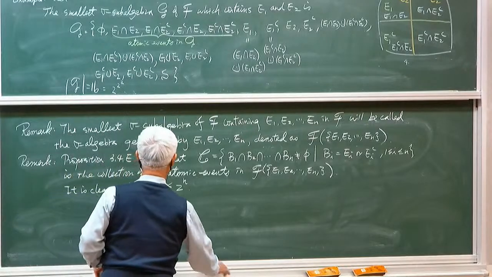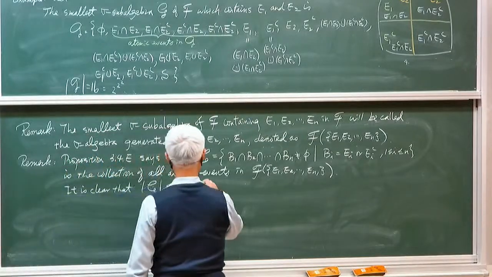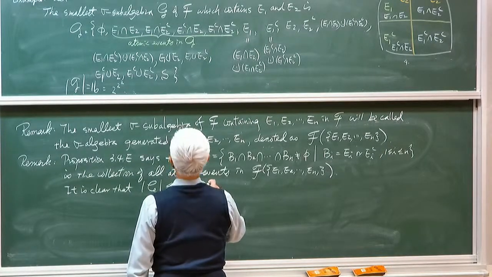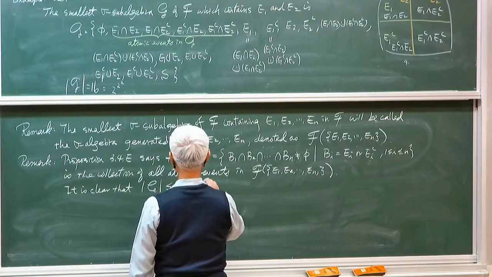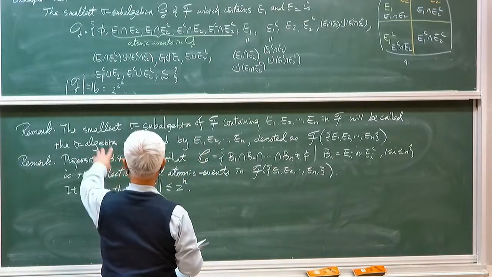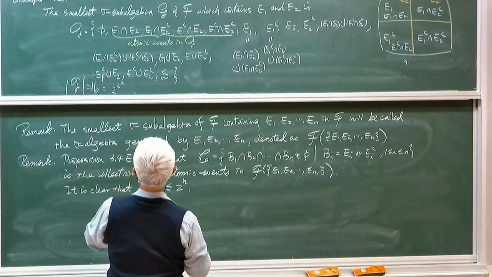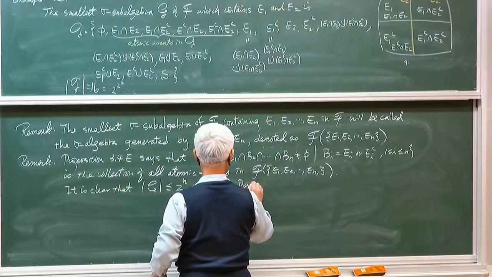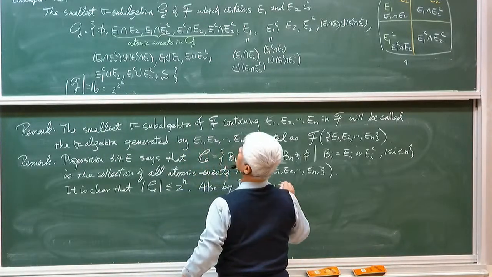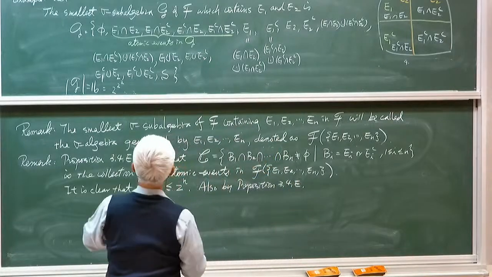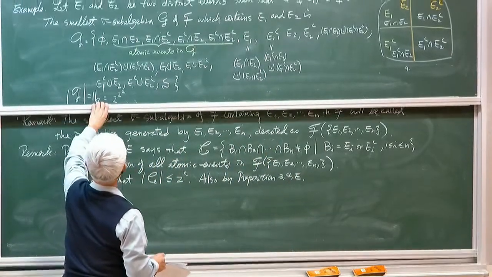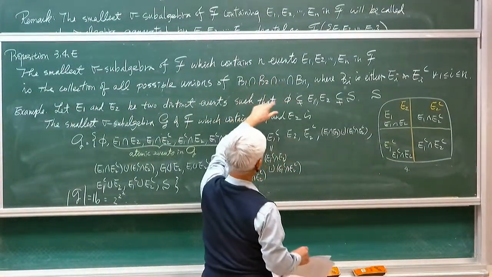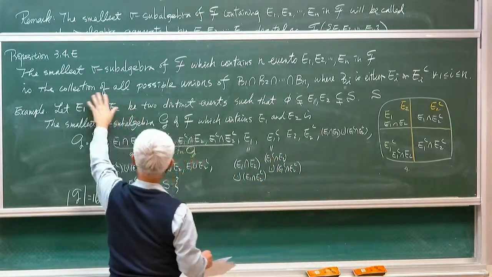And by this atomic events, and also by proposition 3.4.E, the subalgebra generated by E1, E2 up to En is a collection of all possible unions.